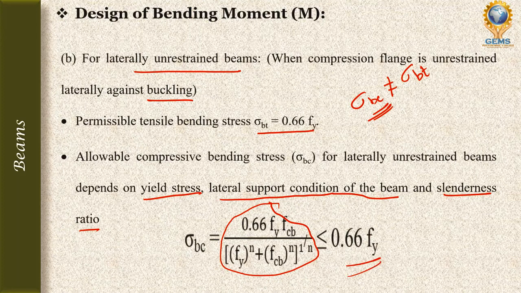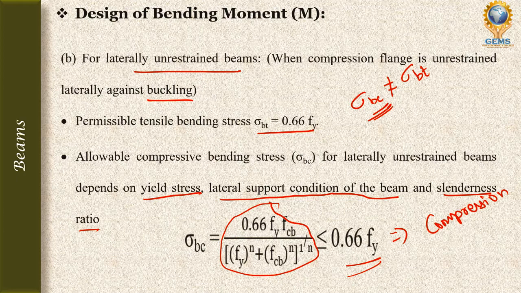This formula we studied earlier in the unit on compression members. For a laterally unrestrained beam, the compression flange will act as a compression member. But in laterally restrained beams, both are the same, whereas in unrestrained beams sigma bc and sigma bt differ.